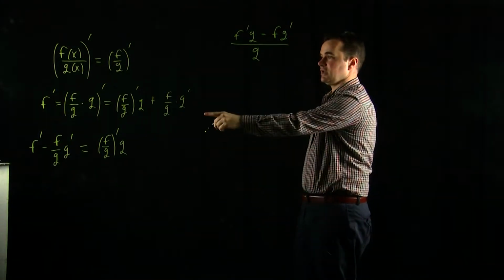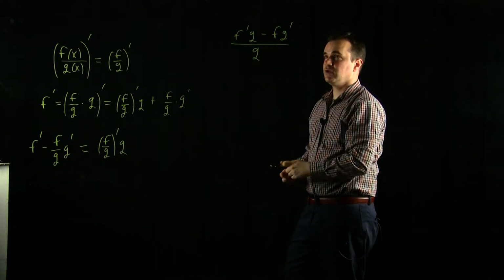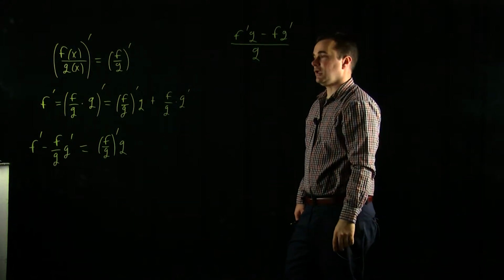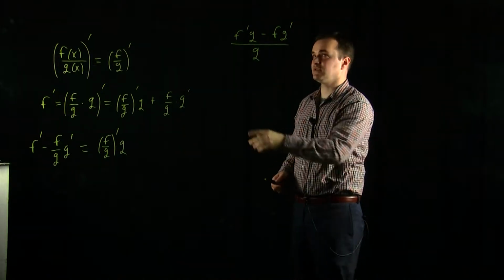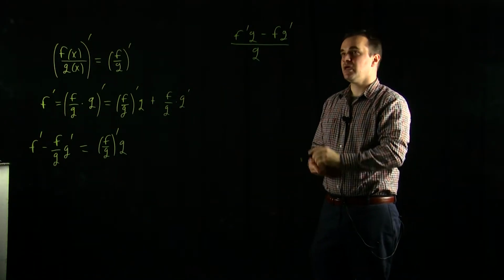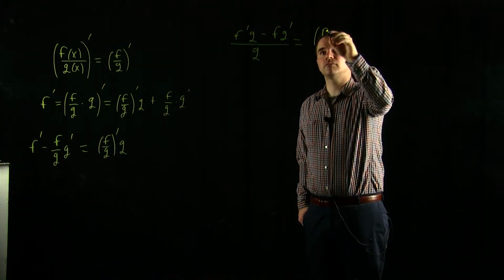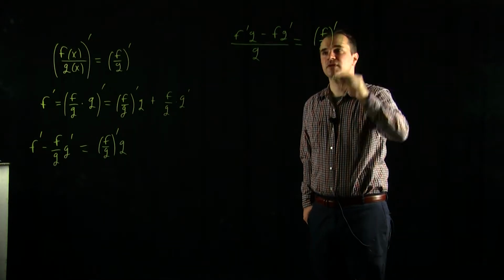Do you see how I did that? The term that had f prime by itself, I multiplied by g over g. And then that let me find the common denominator and then just rewrite that expression, the f times g prime. And so this is now equal to f over g prime times g.